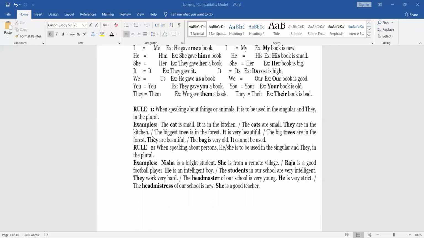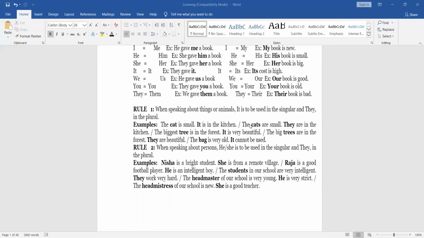An example of what I just said is: the cat, okay, it's an animal, is small. So when you're replacing the cat, you will say it is in the kitchen. The second time when you're talking about the common noun cat, you will replace it with it. And take a look at this. The subject starts in the beginning. Not always, but in this case, especially when the sentences are simple.